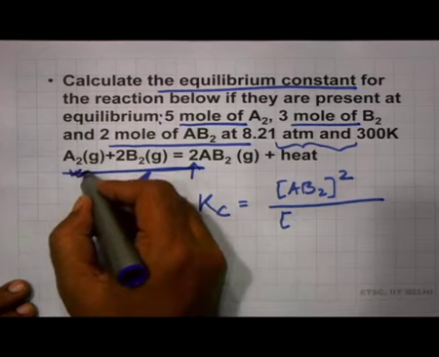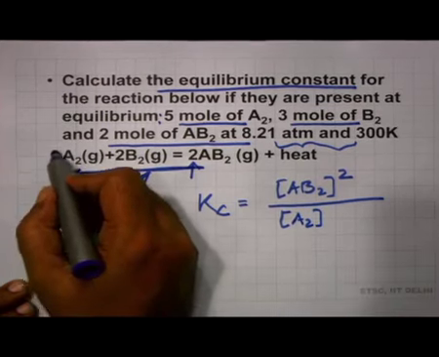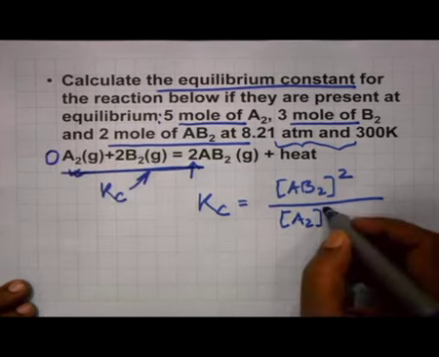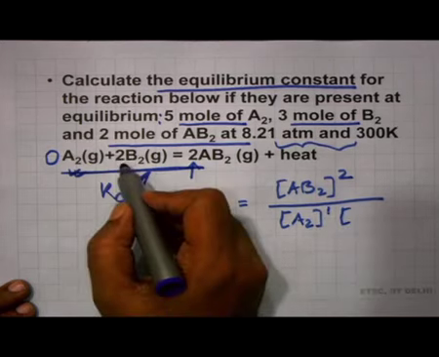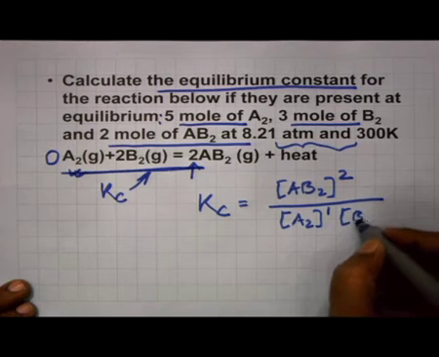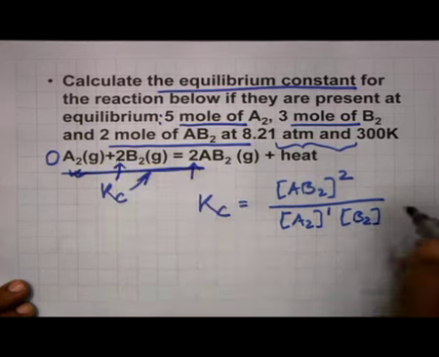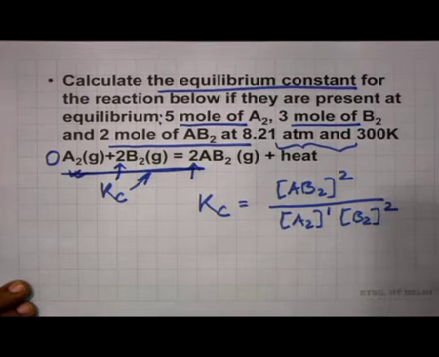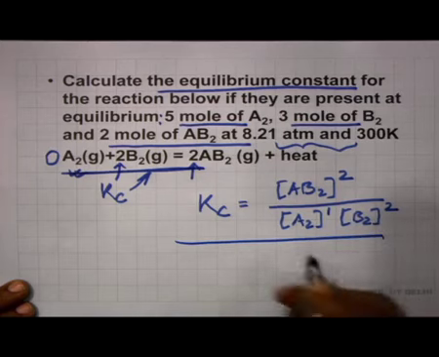The reactants are A2, and you can see that stoichiometry is 1, so we will just put 1, and now the concentration of B2, and here stoichiometry is 2, so we will put 2. So, this is how we can calculate the value of Kc.